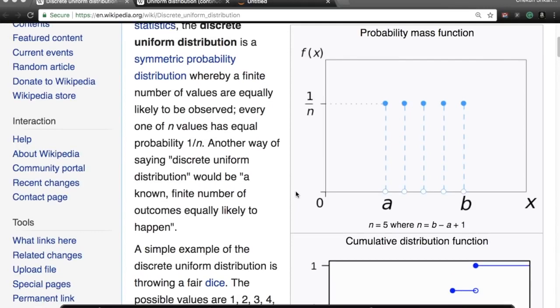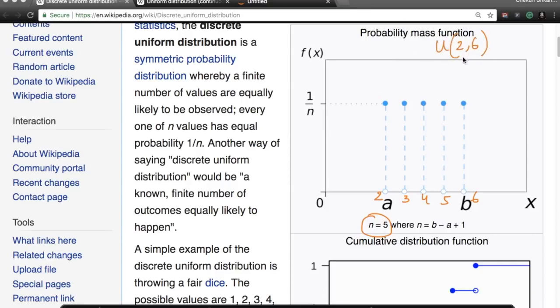Let's take a simple example here. Imagine n was 5, and let's assume the values are 2, 3, 4, 5, 6. This is not the dice example, by the way, but some other example. So you have a uniform distribution with values 2 and 6.